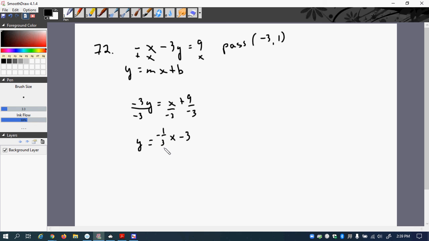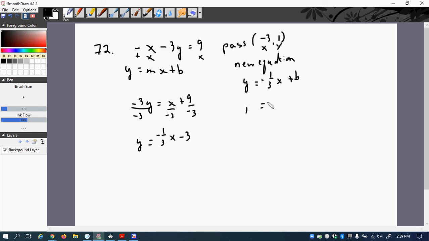And so now I have this in the form that I want, because now I'm going to use this slope to generate my new equation. So my new equation so far is going to look like this: y equal to negative 1/3 x plus b. Now I don't know what b is, but that's why they gave you this point. So x and y are going to get negative 3 and 1 put into it.